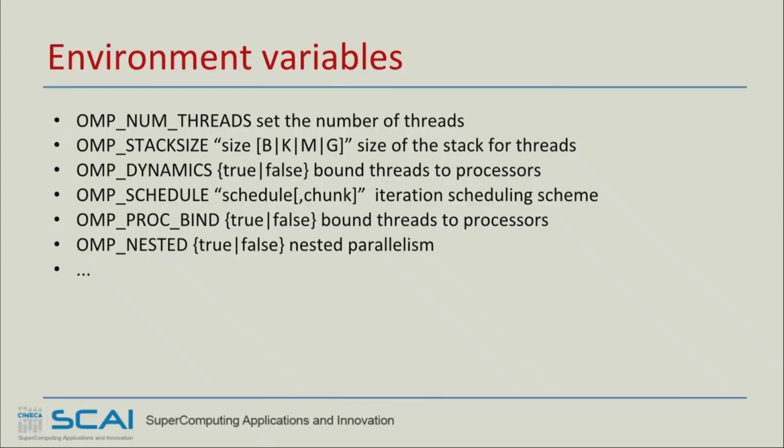For instance, if I set OMP_NUM_THREADS equal to 4, then each time the code has an instruction to create a parallel region, it will create 4 threads. Okay?